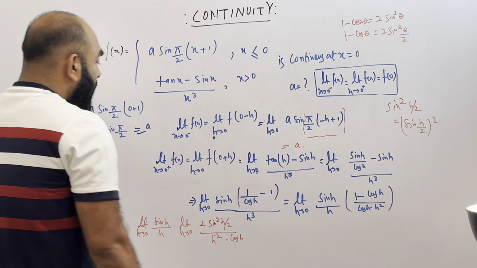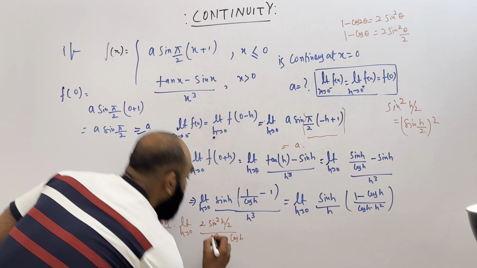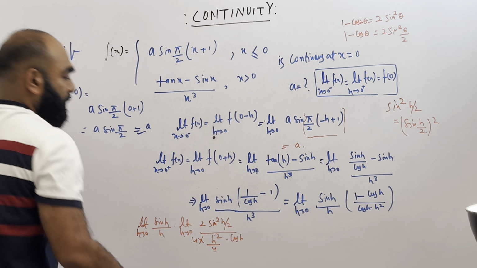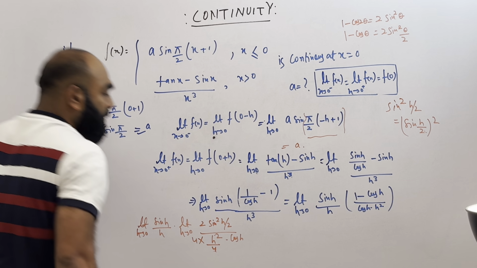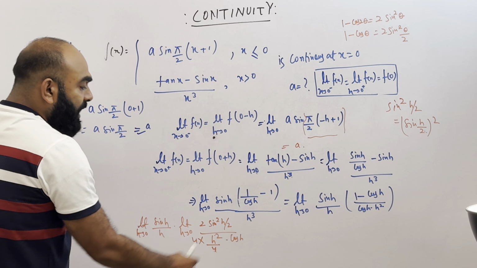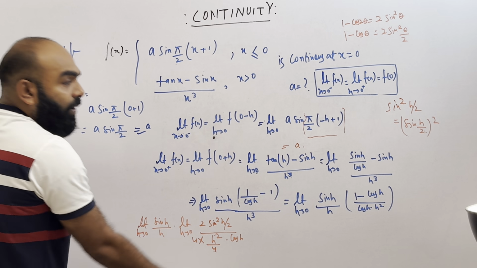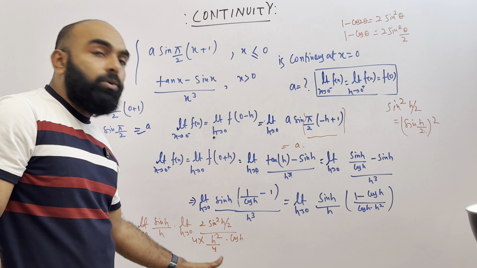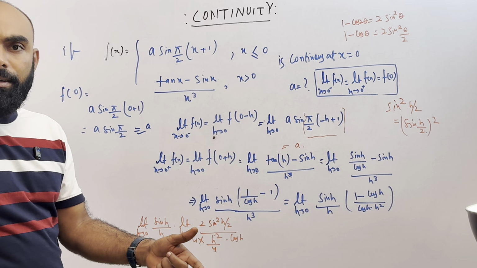So what I will do, I will divide by 4 and multiply by 4. No problem, sir. Because of h by 2, I can now write h square by 4 as h by 2 whole square.